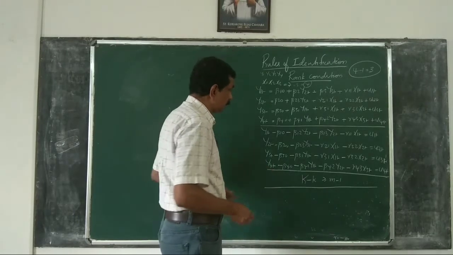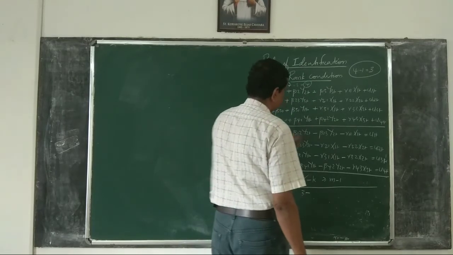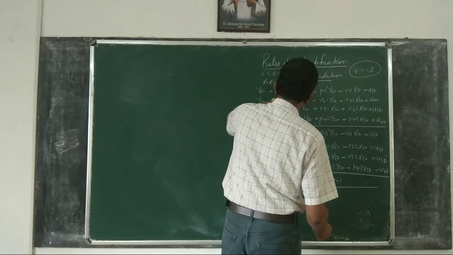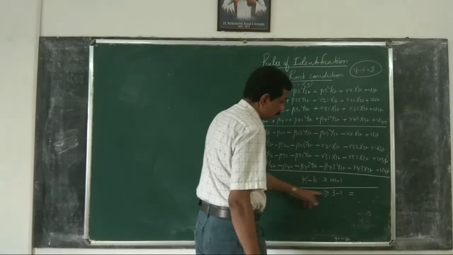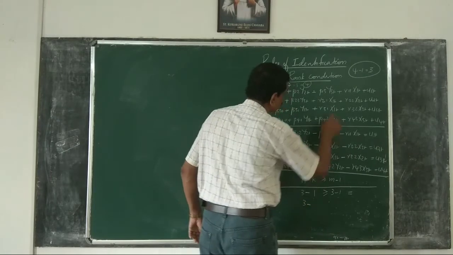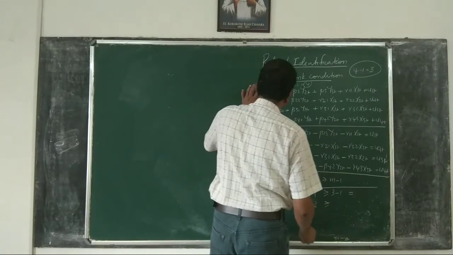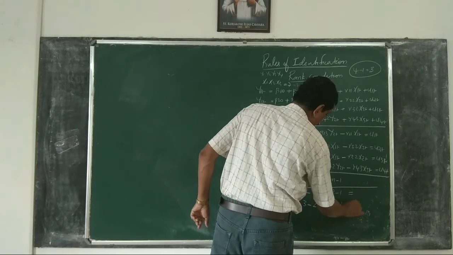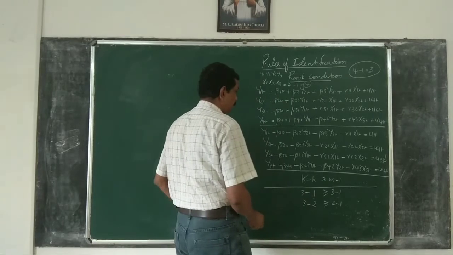Let us use the other condition. What is k? K is 3. Minus the number of included predetermined variables, greater than or equal to the number of included endogenous variables y1, y2, y3 minus 1. 3 minus 1 equals 2, exactly identified. Second equation, 3 minus 2 is 1, which is equal to 2 minus 1, exactly identified.